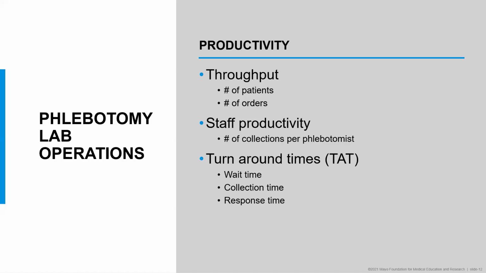How many seats do I need in my lobby? How do I need to design my lobby? This is very key to knowing how long patients are waiting. Then collection time. Once I call in the patient for outpatient, or if I go into the patient room for inpatient, how long does it take me to do that collection?